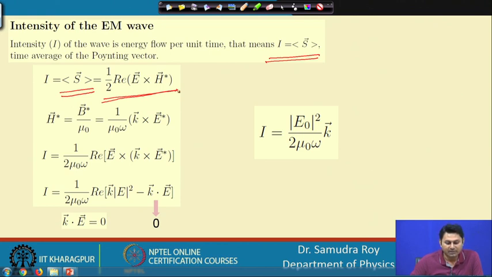Real part, because E and H may be complex quantities with complex amplitude, but when I make H star, then we can make the entire thing real.